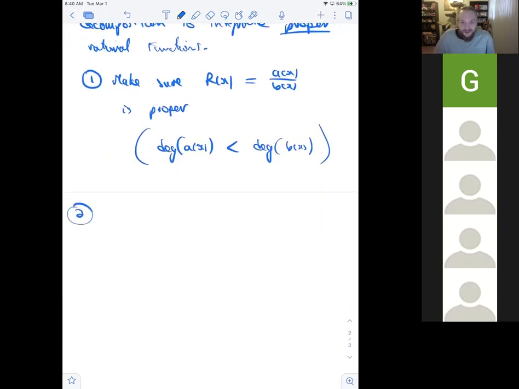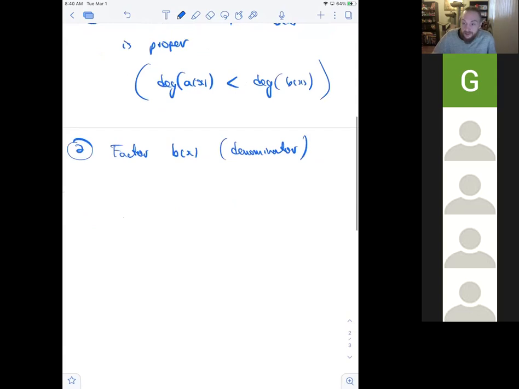Two, once we've made it proper, we want to factor the denominator into linear and irreducible quadratic factors.